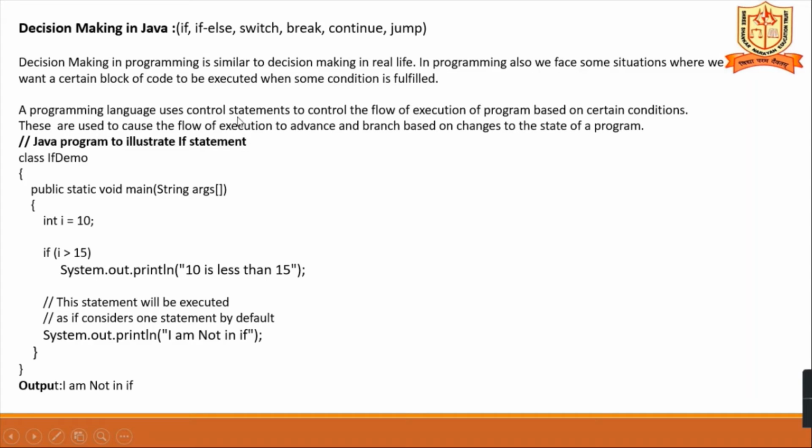A programming language uses control statements to control the flow of execution of the program based on certain conditions. These are used to cause the flow of execution to advance and branch based on the changes to the state of the program. See here which are the conditions?